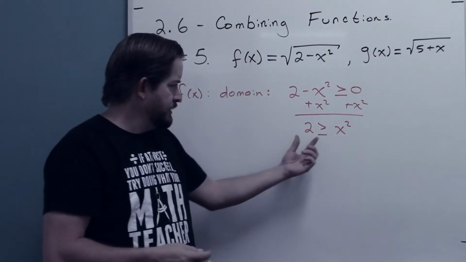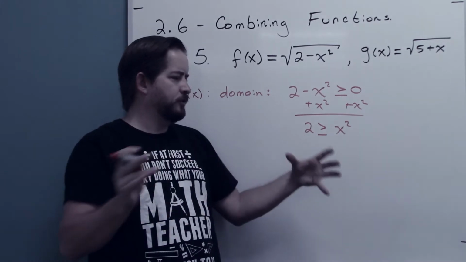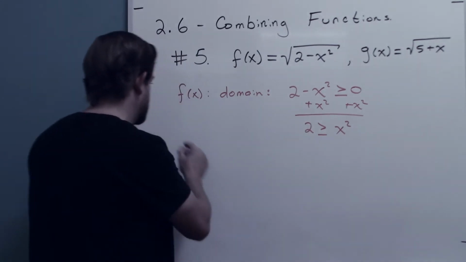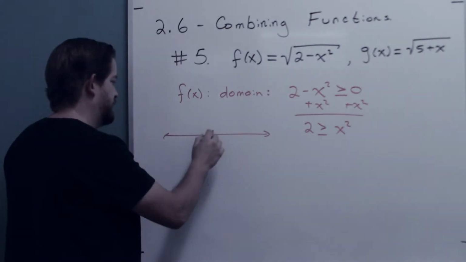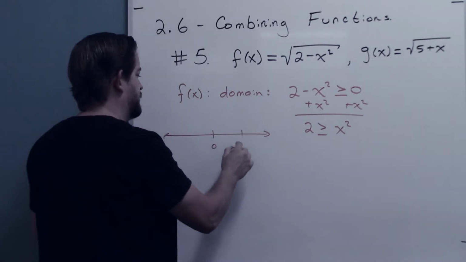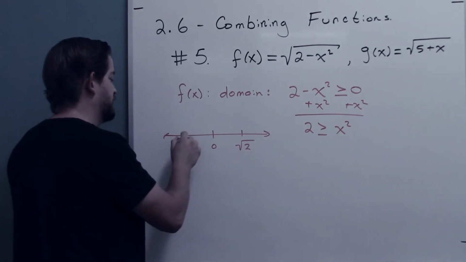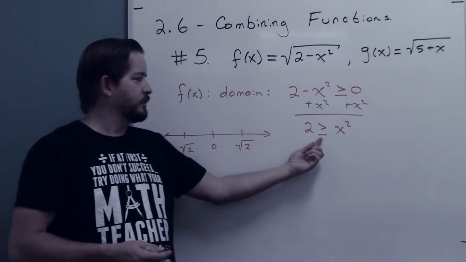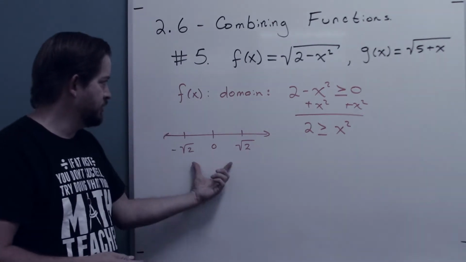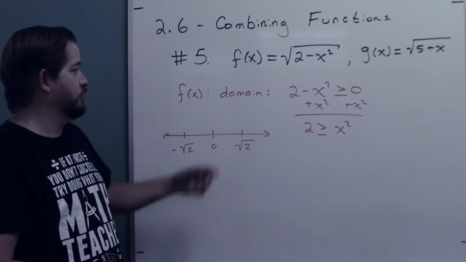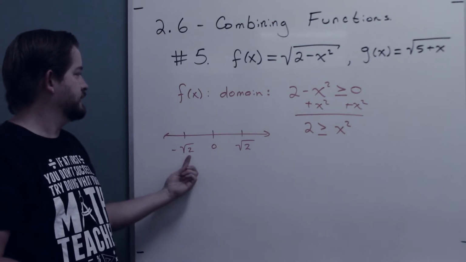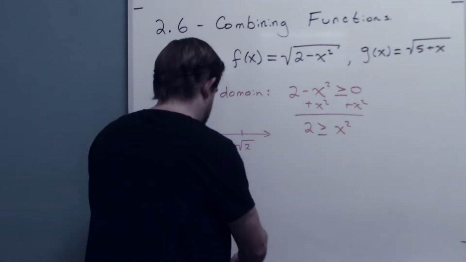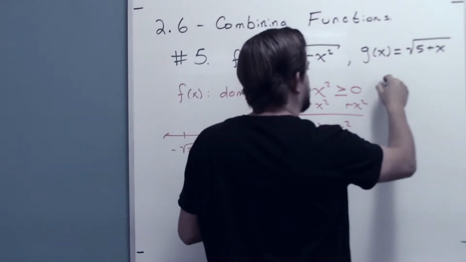That means when you square your number, you can't go further away from 0 than 2, right? Which is to say, then we're kind of stuck between the square root of 2 and the negative square root of 2. All of these numbers, when you square them, are going to be less than 2, right? So f of x has a domain, and that is simply the numbers between negative root 2 and positive root 2. And I can include the endpoints.